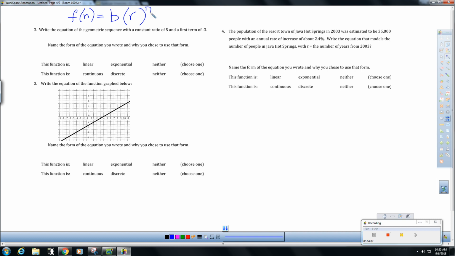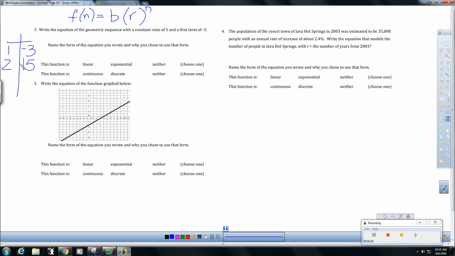So, this one, the first term is -3. Watch. The first term is -3, right? What's the second term? -15, right?